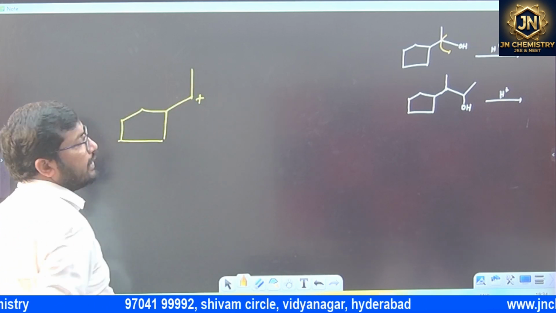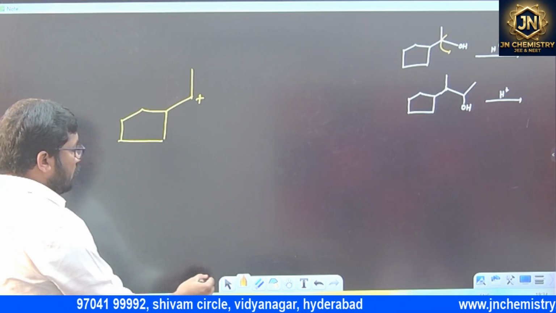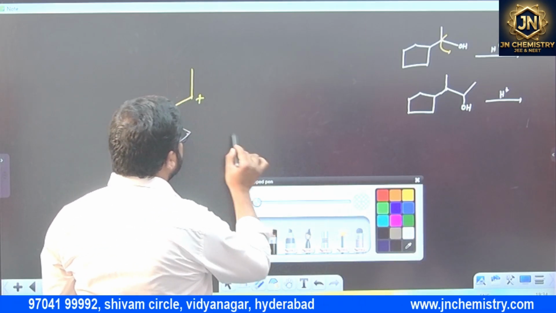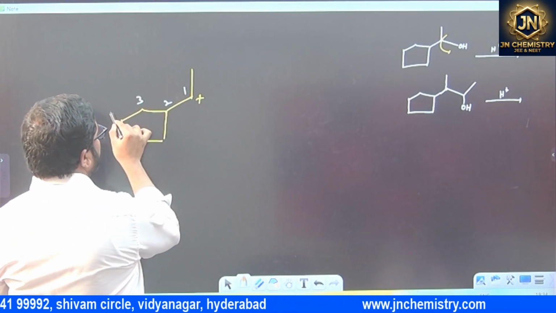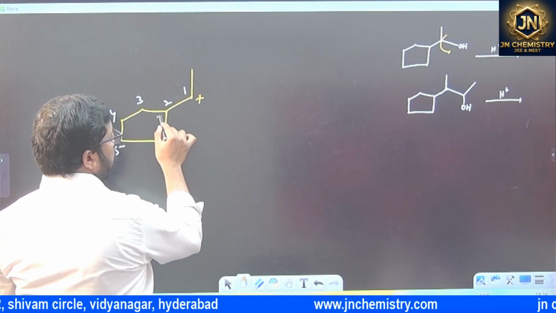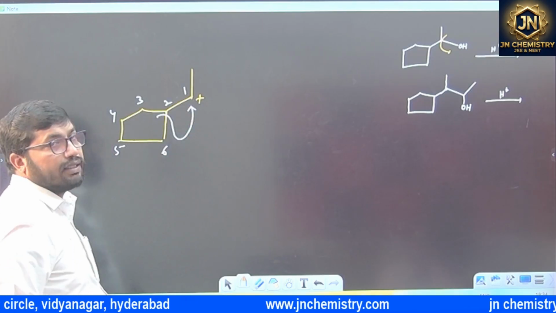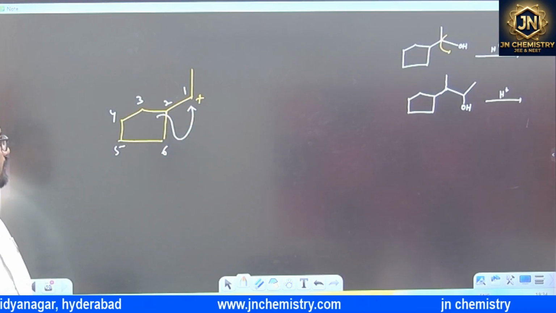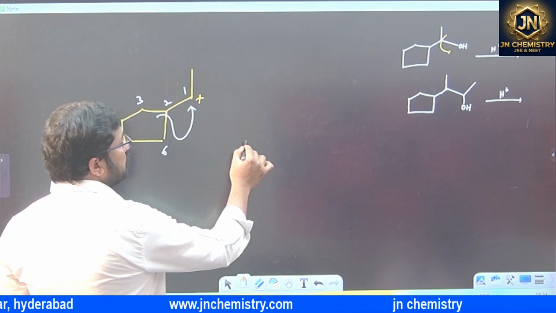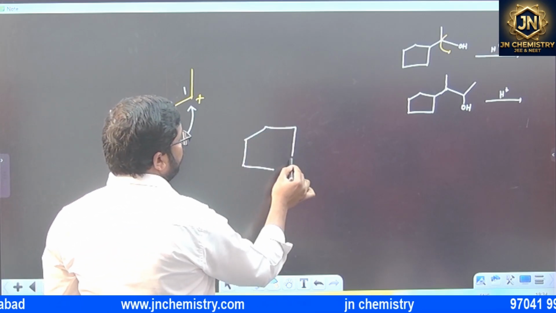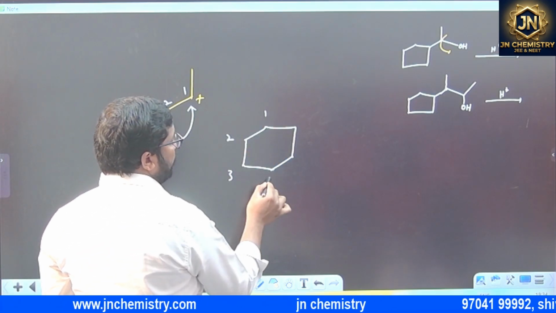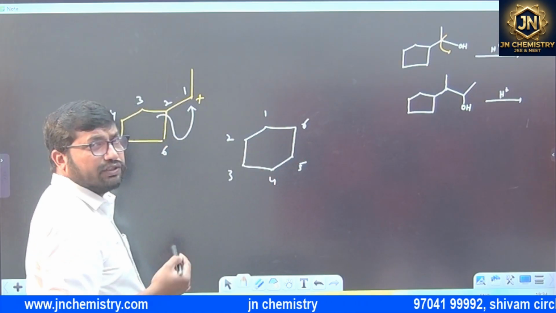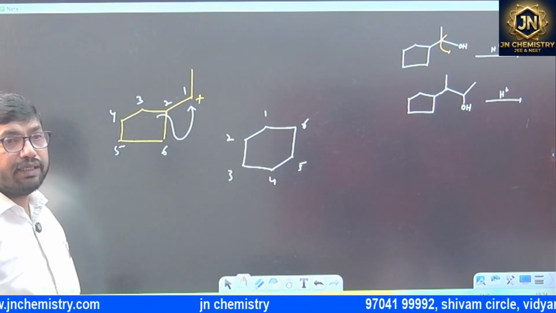Here the carbocation is forming, right? Now, how do we do the ring expansion? 1, 2, 3, 4, 5, 6. The 2 is going to attack at the first position. Directly write the 6-member ring. So 1, 2, 3, 4, 5. As you wish, you can write the numbering anywhere, it doesn't matter.